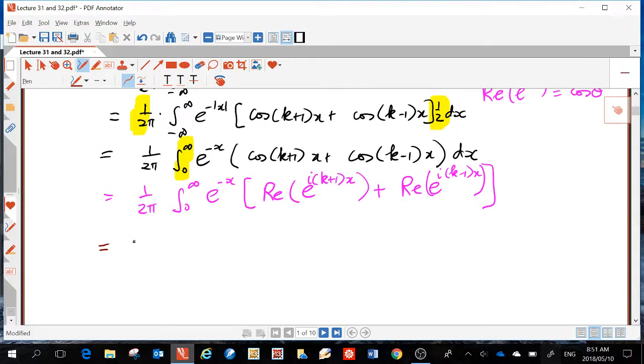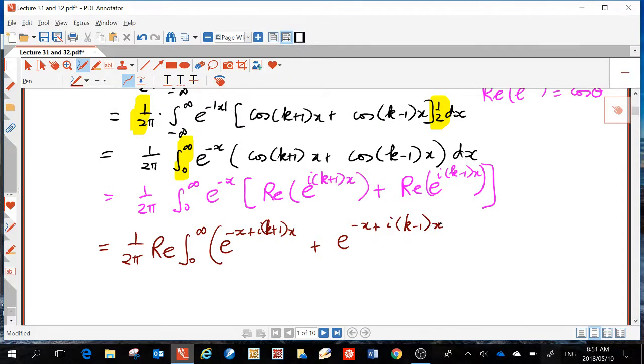So this becomes 1 over 2 pi, real part of integral naught to infinity, e to the minus x plus i(k plus 1)x plus e to the minus x plus i(k minus 1)x. I'm just applying the exponent laws, adding the exponents there, and putting the real part outside.